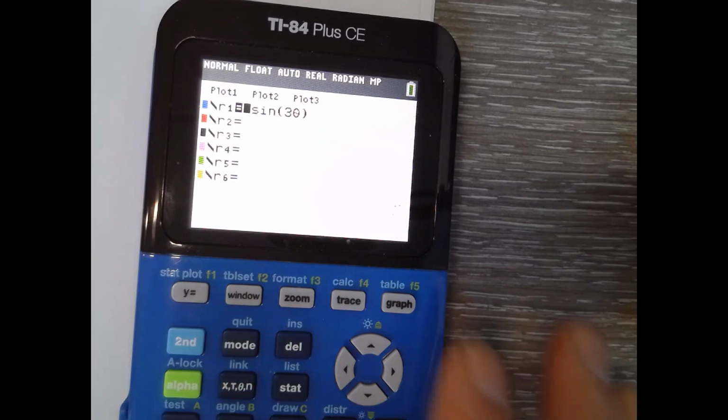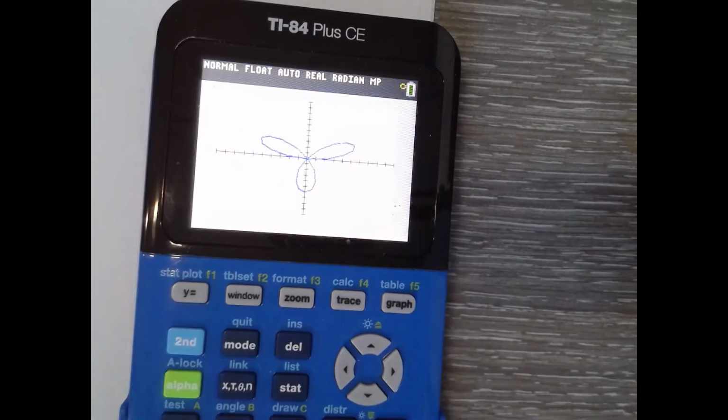All right, so if I graph this, everyone's got a little propeller thing. Okay, so here's the question. How big of an interval is required for the curve to be drawn completely? Like, what's the minimum amount of theta we need to draw that?